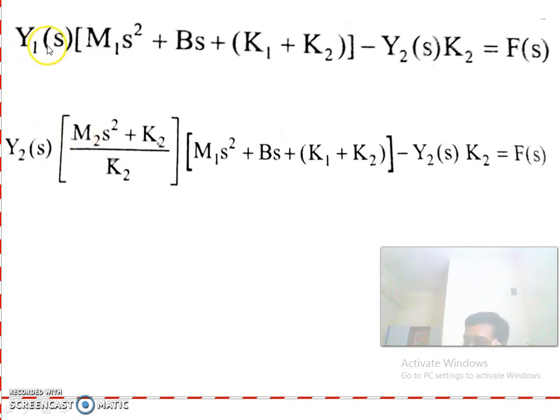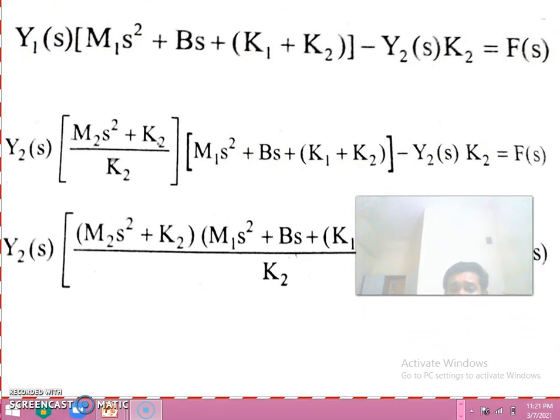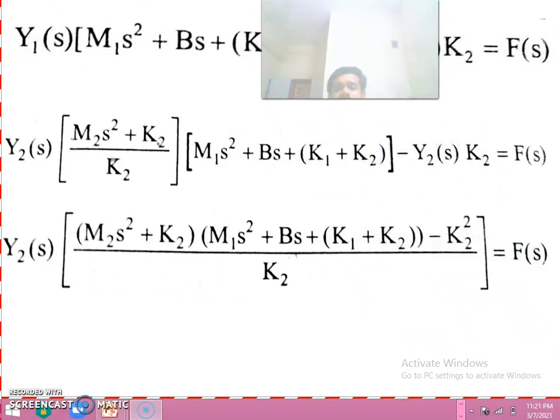By applying Newton's second law to the mass 2, we have got the value of Y1. So from that we are substituting the value of Y1 here, and we are simplifying and we are getting Y2.